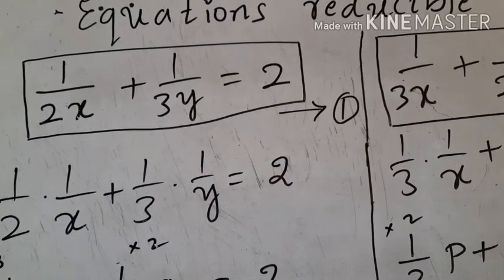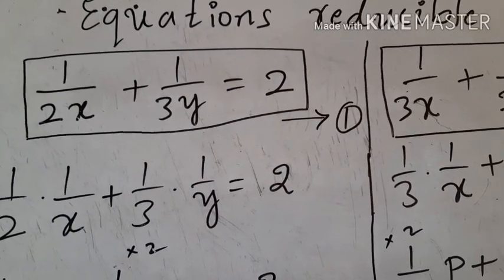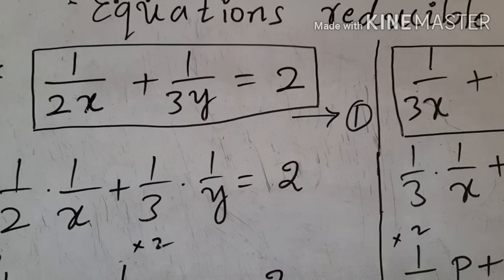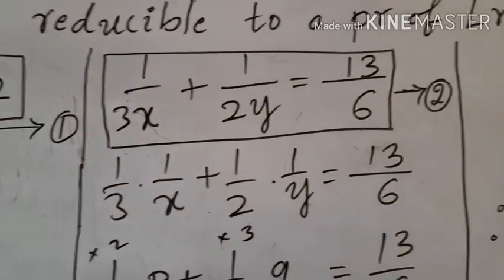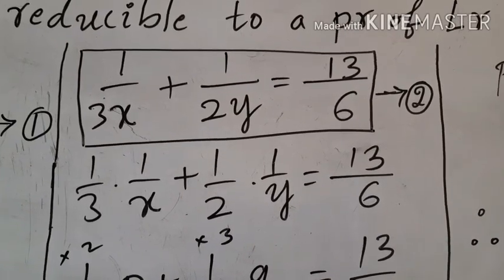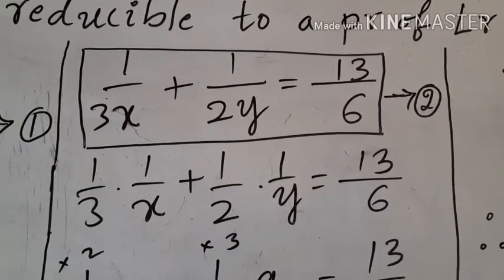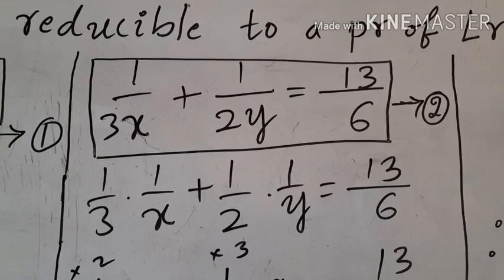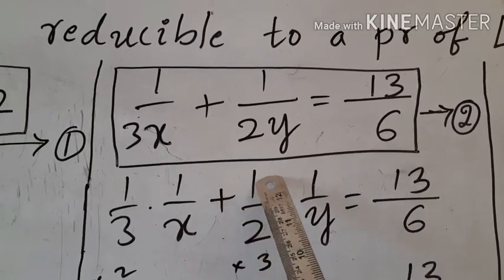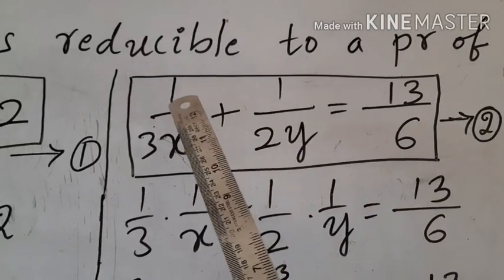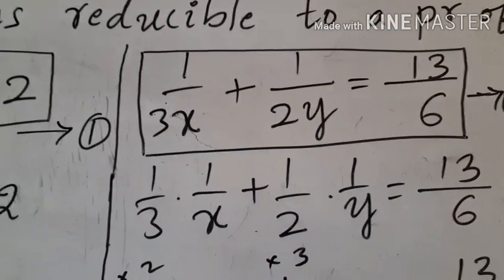Then only it would have become a linear equation in two variables. But here x and y are in the denominator. Similarly, 1 by 3x plus 1 by 2y is equal to 13 by 6 is not a linear equation in two variables, since x and y are in the denominator side. They are not in the numerator side with positive powers.